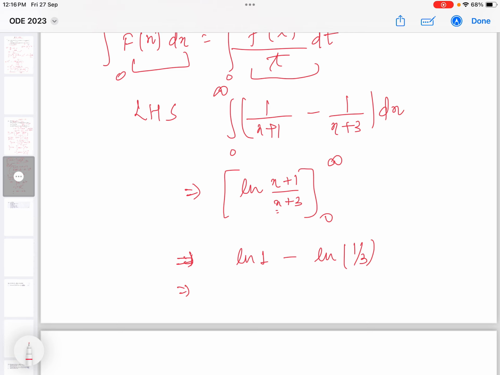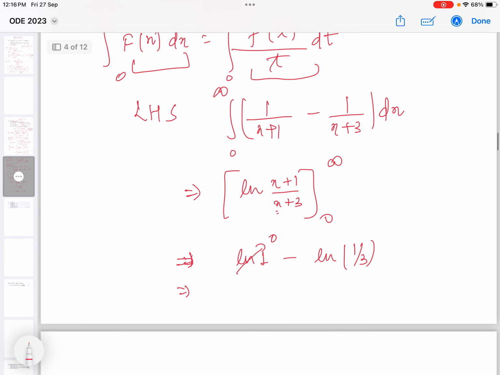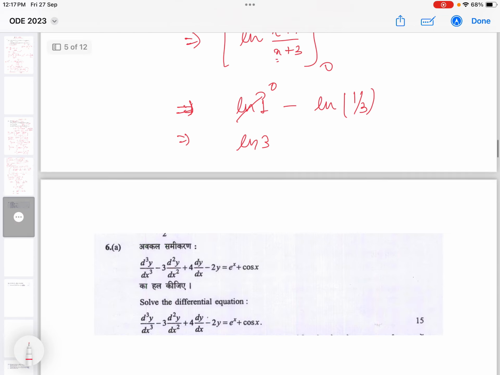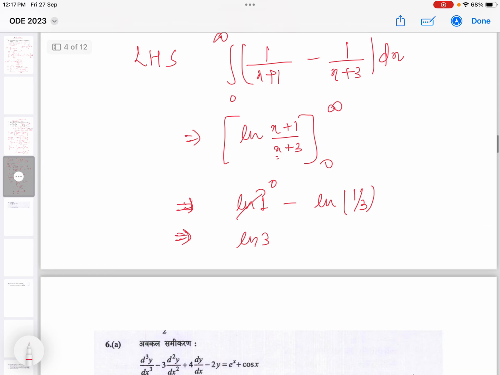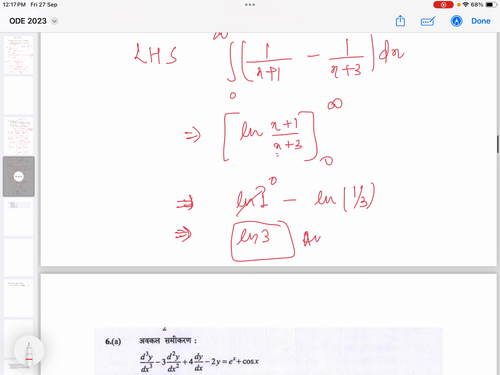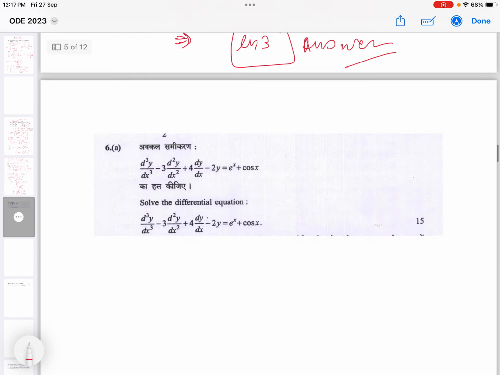So ln 1 equals 0, and minus ln of 1 by 3 becomes ln 3 from the standard definition of logarithms. So this is the final answer we have. Fine. So we have solved two questions.